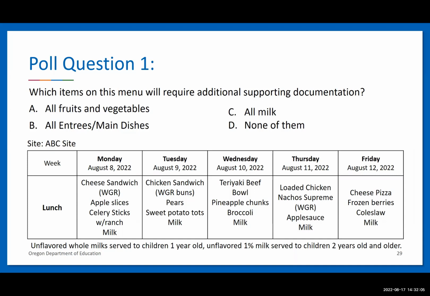Which items on this menu will require additional supporting documentation? Is it all fruits and vegetables, all entrees or main dishes, all milk, or will none of them require any additional documentation? So think combination foods, whole grain rich items maybe.